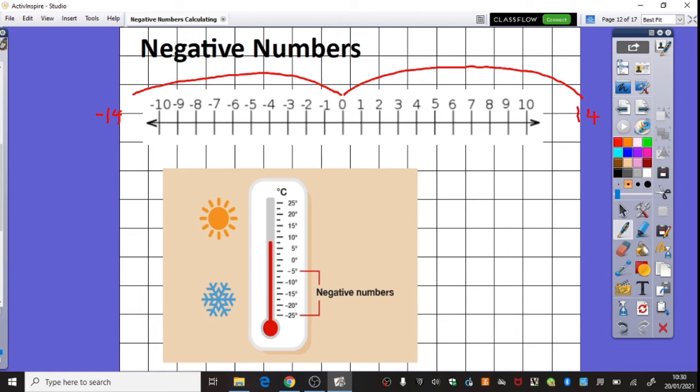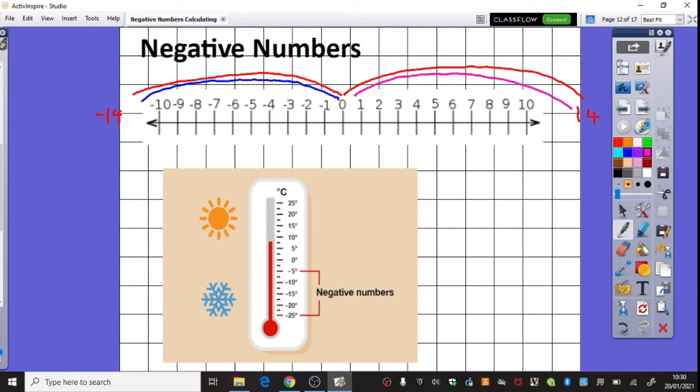Where we often see negative numbers is sometimes this time of year on a cold day on a thermometer chart. The colder the temperature, the further away the negative number will be from 0. The warmer the temperature, the further away the positive number will be from 0. And that's how negative numbers work.